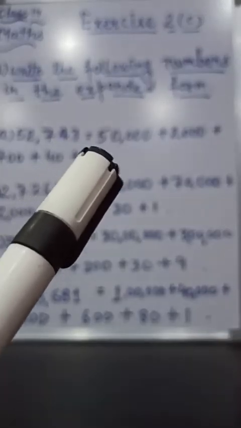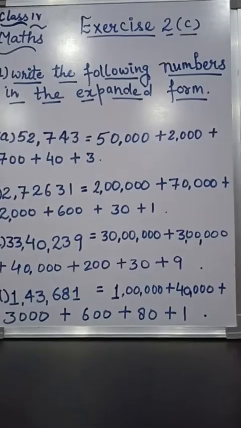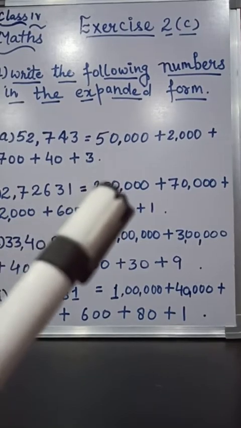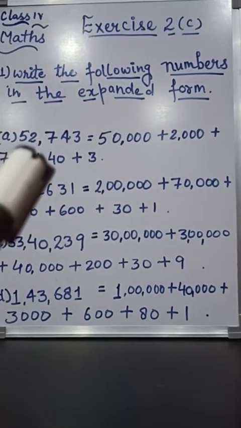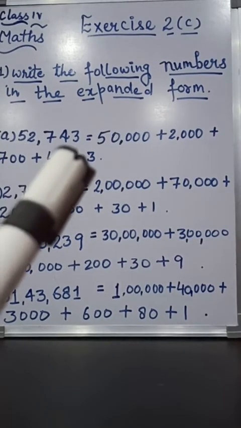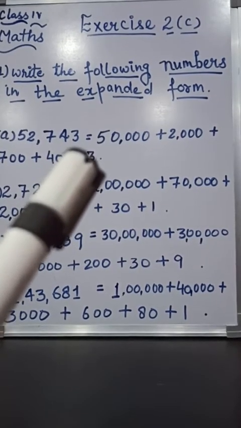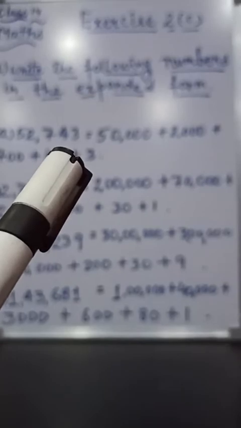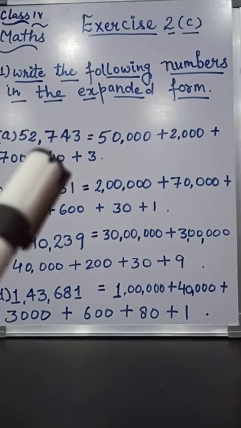How are you going to write it in expanded form? 50,000 plus 2,000 plus 700 plus 40 plus 3. Clear? This is the expanded form of 52,743.